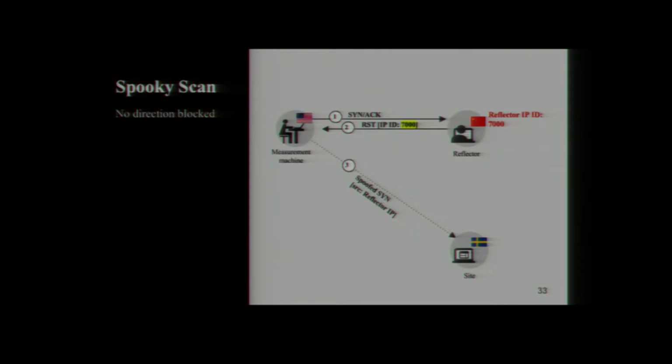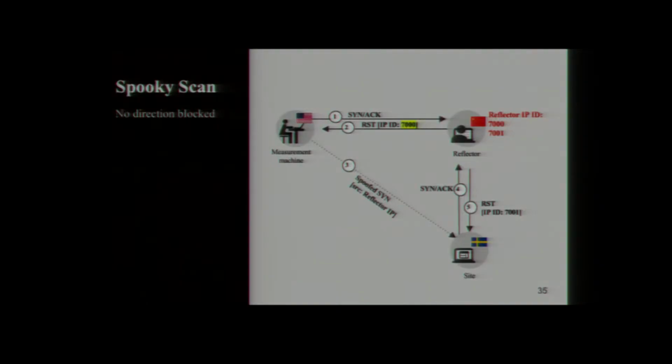The next step is I send a spoofed SYN packet with the reflector machine's IP to our site. The site has open ports, sees that, and says, OK, SYNACK. SYNACK to the person who owns the IP, so the SYNACK will go to the reflector. The reflector receives a SYNACK out of the blue. Following the protocol, it's going to send a reset, and while doing that, the IP ID is going to be incremented by 1.